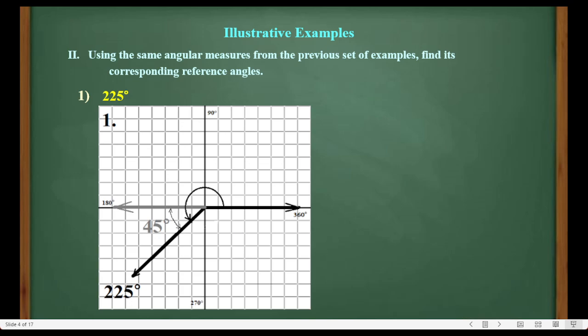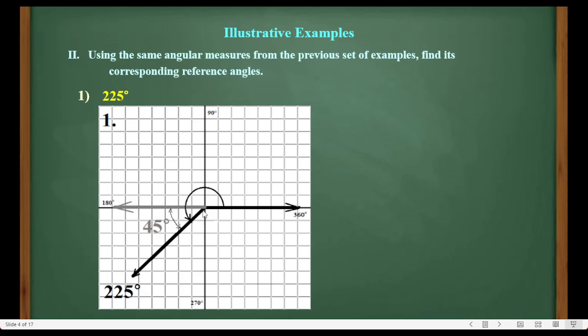So we know that an angle like this, which is greater than 180 degrees, we draw the angle in standard position, wherein the initial side coincides with the positive x-axis.